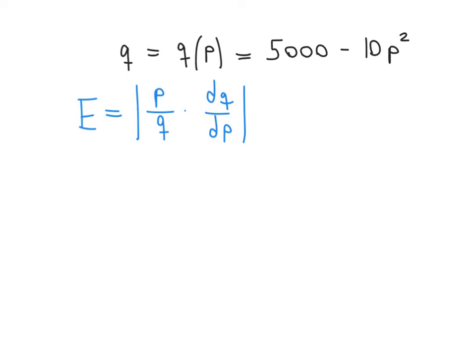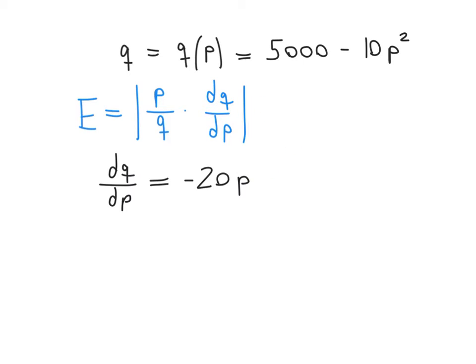That would be dQ over dP. But that's an easy calculation, because it's a very easy function to find the derivative of. So that would just be minus 20 P. So that's the first thing you do when you compute elasticity. Always compute this, get the demand equation in the right form, so that it's a function of P. Find the derivative.